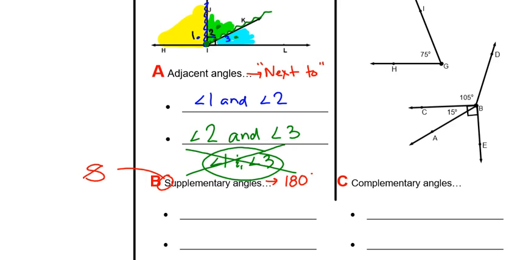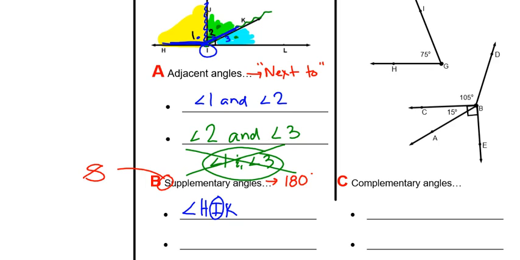Now, for 180 degrees, in this diagram, we have to think a little bit differently. We notice that angle 1 and angle 2 together could be thought of as one angle, and to name that, you can't use angle 1, 2. You actually have to use letters for that. So that would be angle HIK. Noticing K is in the middle, and I is my vertex.